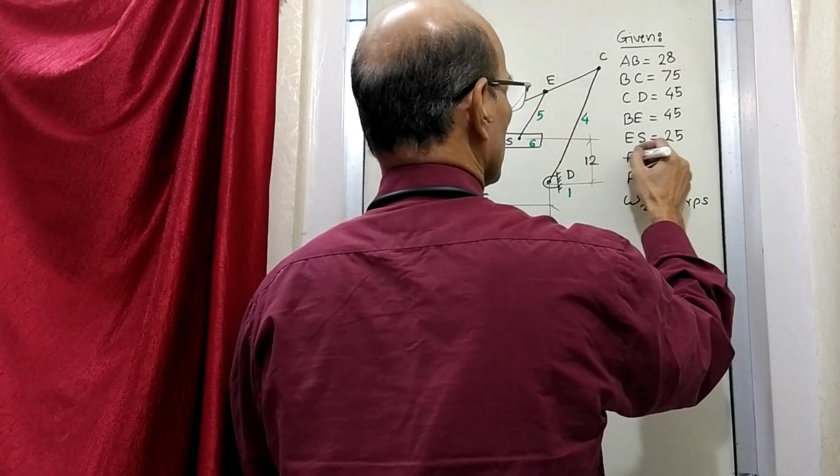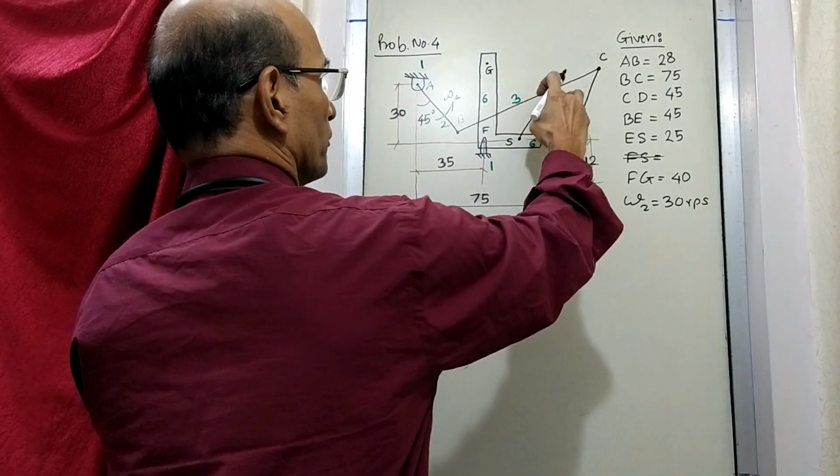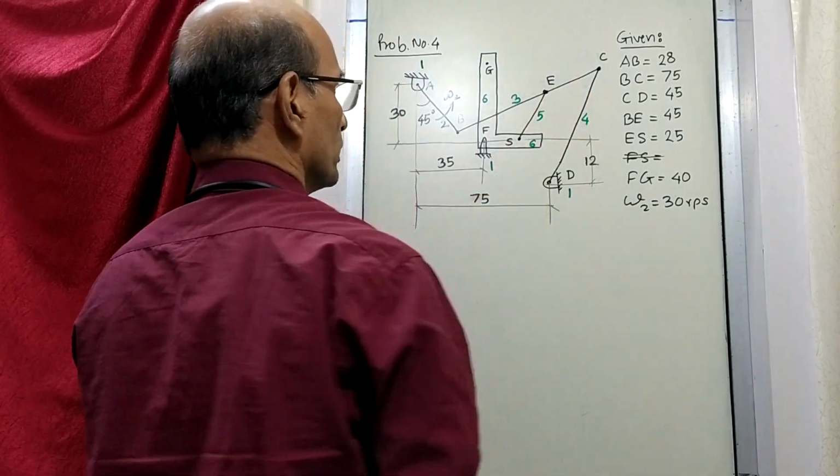FS is not required because from E you can cut ES, so you get this point.